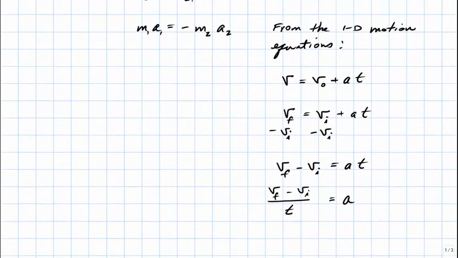Let's now apply this result to both sides of our earlier equation. If we do that, we will obtain M1. Now, instead of A1, we will substitute V final for object number 1 minus V initial for object number 1. So we will term it as VF1 minus VI1.